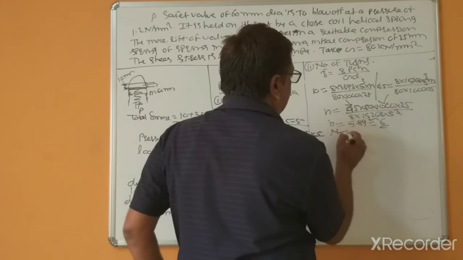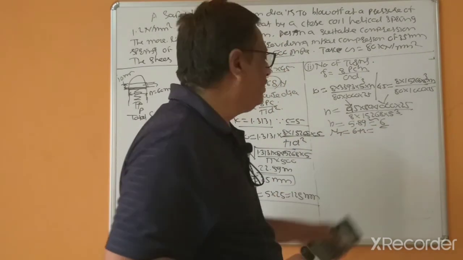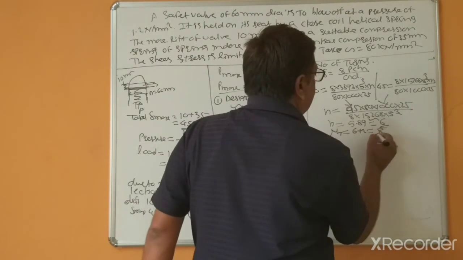Total number of turns equals 6 plus 2, assuming square and ground ends, which is equal to 8.